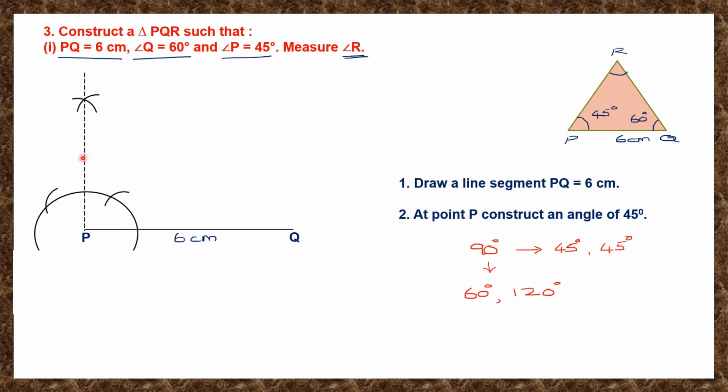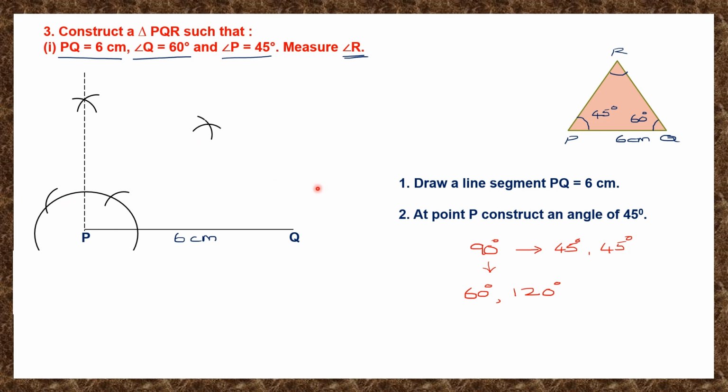Now this we are going to bisect because P is 45 degrees, not 90. So we have to bisect this. To bisect this, what do we do? We place a compass needle here at this point where the arc has touched this line and draw one arc. Remember, it's going to be half. So somewhere here. So keep your compass here, draw an arc. Keep your compass needle here, cut that arc.